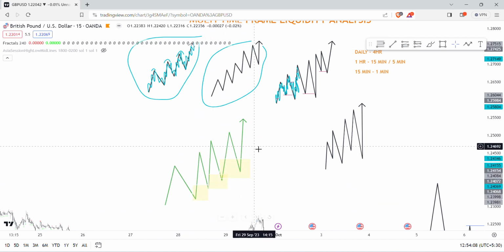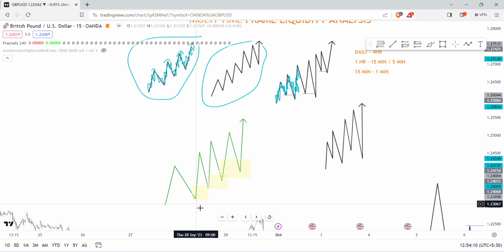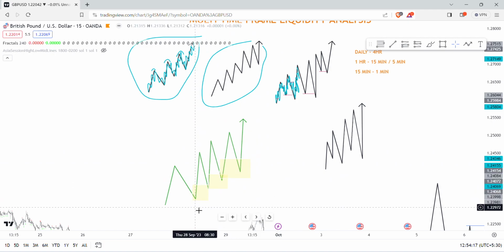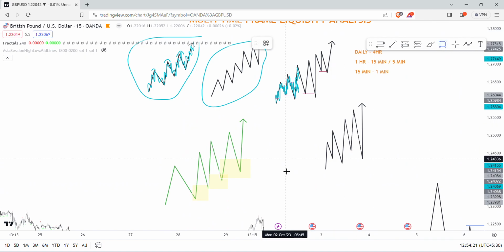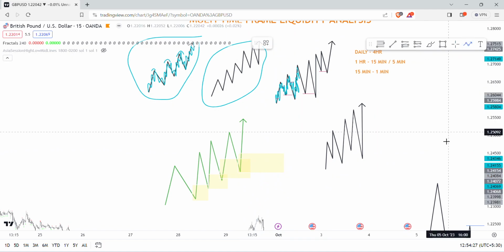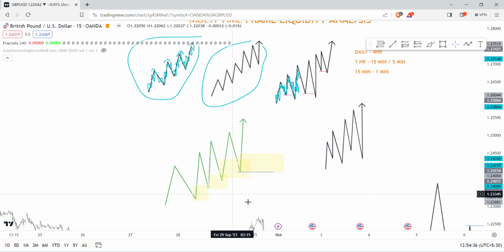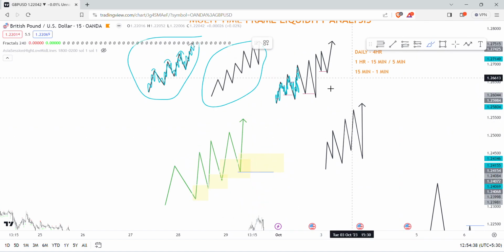If everybody is buying here, where's the liquidity? Where's the liquidity for the market maker to provide for the buyers? Because for everybody to buy, there should be a seller, right? So if there are X amount of people buying here, and the market maker doesn't have the liquidity to facilitate these buyers, the market makers know exactly where the stop losses of the buyers are, where the money is.